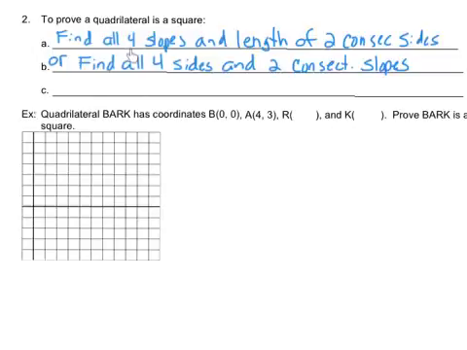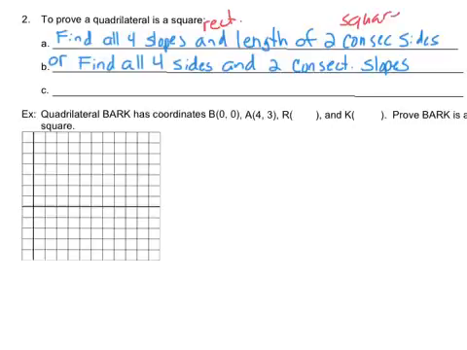In the first case, if you find all four slopes, that's enough to show that we have a rectangle, because you can show that it's a parallelogram with one right angle. And then if you have 2 consecutive sides that are congruent and it's a rectangle, you have a square. So this shows it's a rectangle, and then with that it's going to be a square.